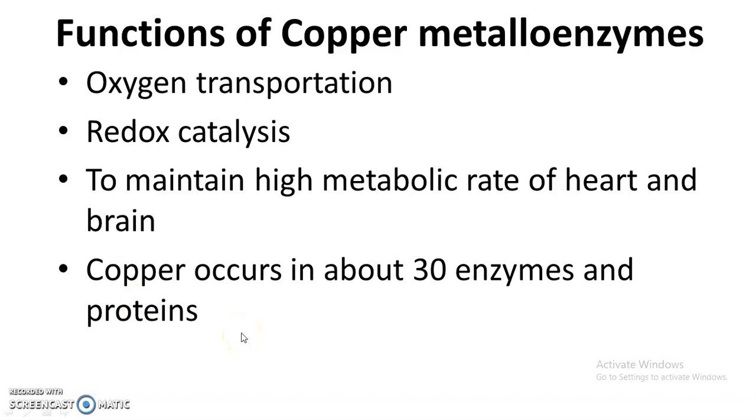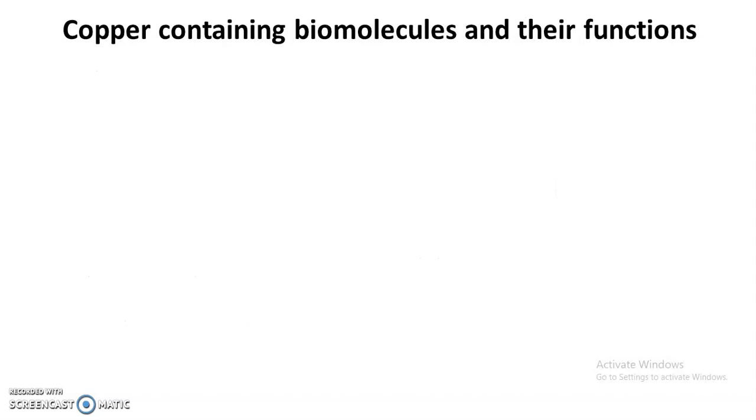Now copper occurs in our body in about 30 enzymes and proteins, and we will discuss these copper-containing biomolecules along with their occurrence and functions one by one.